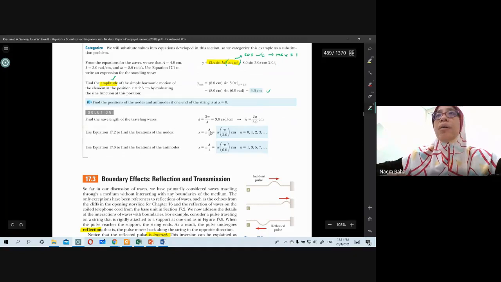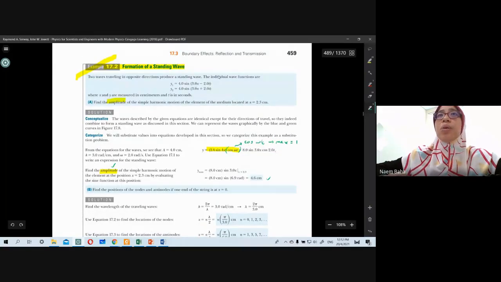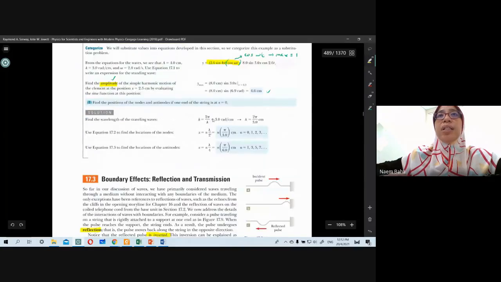And where do you get the lambda? It had to be taken from the k just now. What is the k? k is 3. k is also equivalent to 2 pi over lambda. Sorry, and lambda is 2 pi over 3.